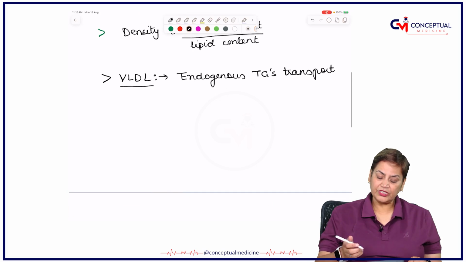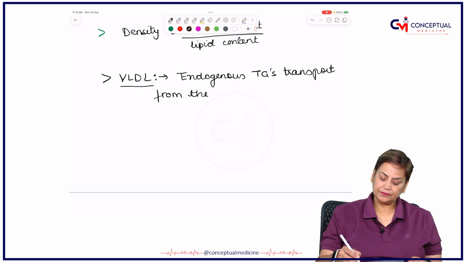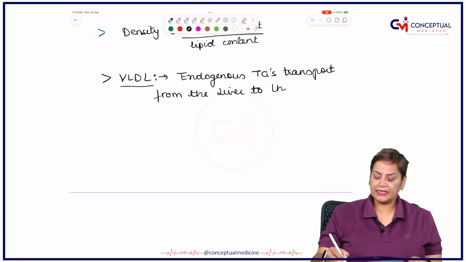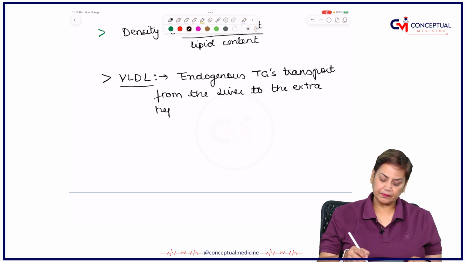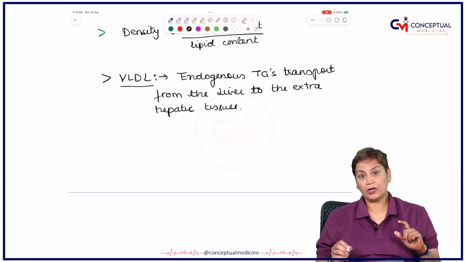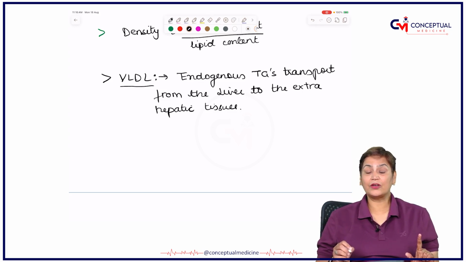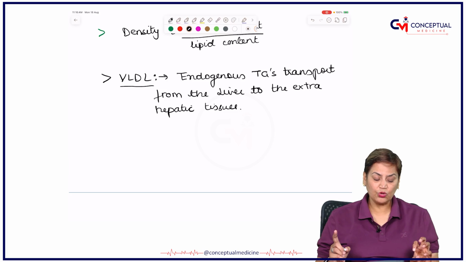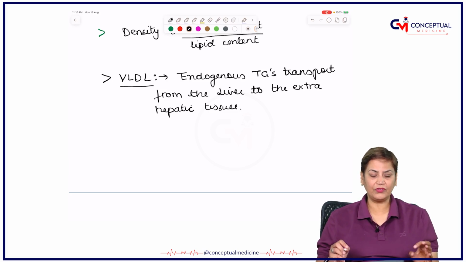Now the question is, obviously, from the liver to the extrahepatic tissues. And if we talk about chylomicrons, chylomicrons are responsible for the transport of exogenous TGs. So you have to understand the difference between endogenous and exogenous.